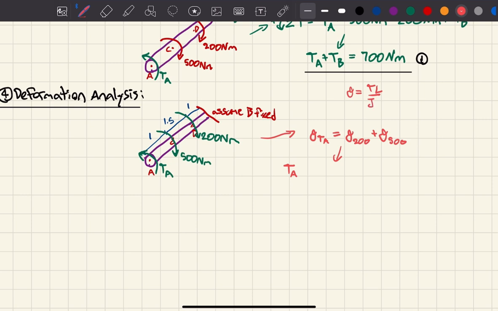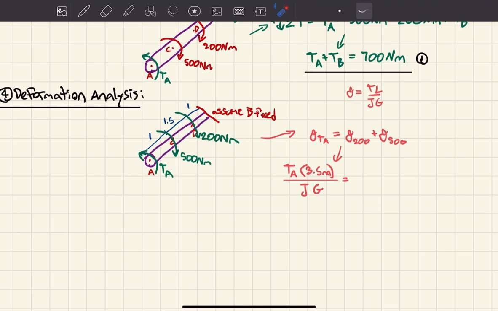Okay, it doesn't really matter. So it's TL. What's my length for this torque A? Well, it's 1 relative to B. It's 1 plus 1.5 plus 1, so that's 3.5, multiplied by 3.5 meters, divided by JG. I'll just keep it like that for now, and you'll see in a second.